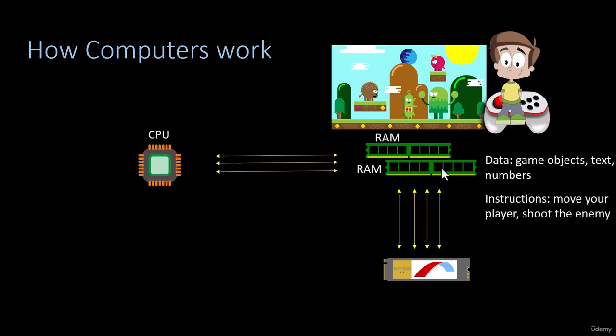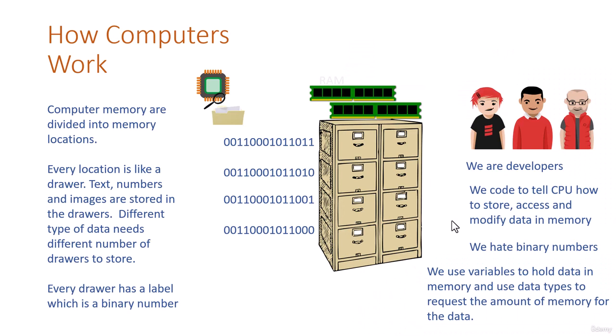The game also contains both data and instructions, just like any other application. The CPU is responsible for executing the instructions and processing the data in the computer memory. So everything is happening in your computer memory, which is extremely important for your computer to run any applications or games.